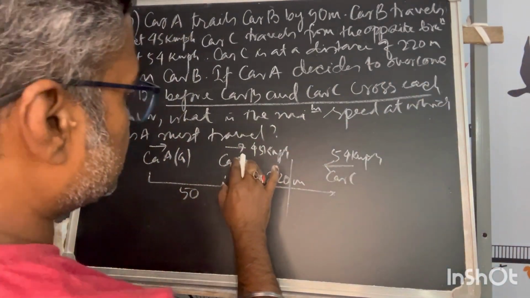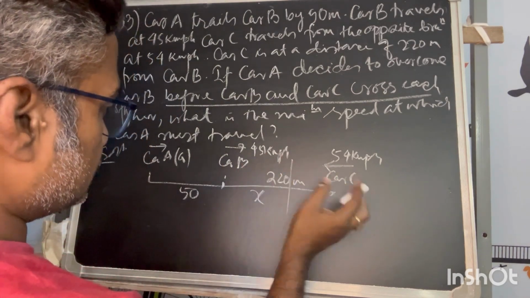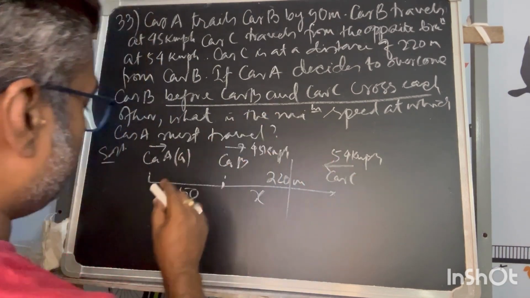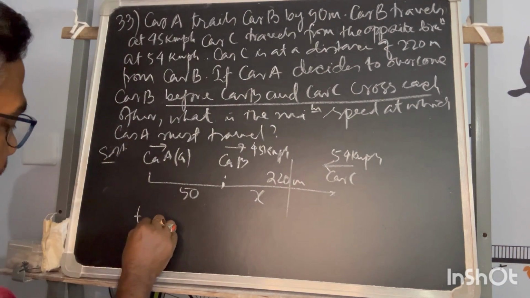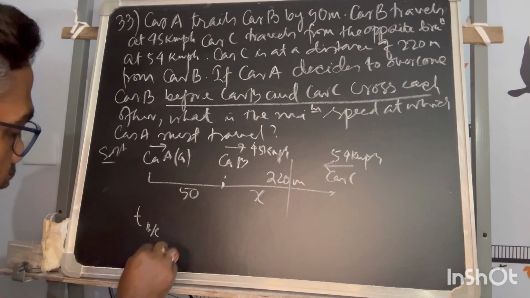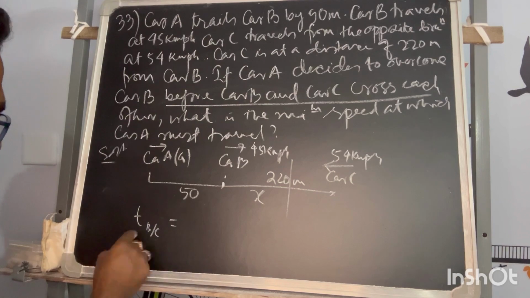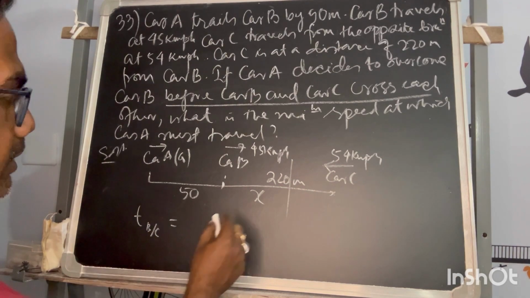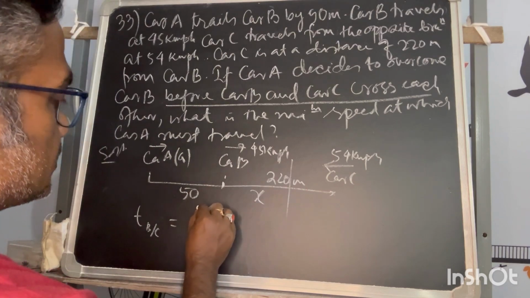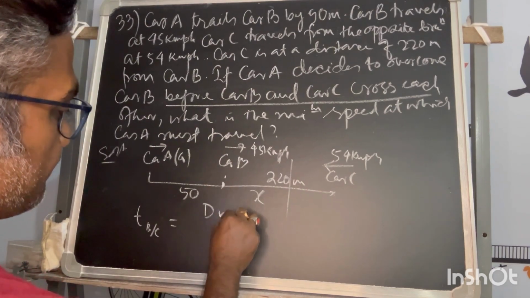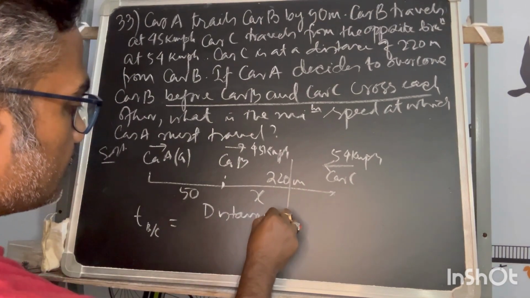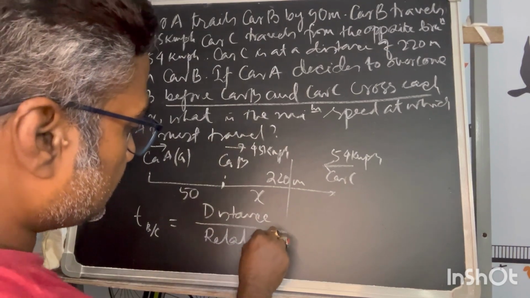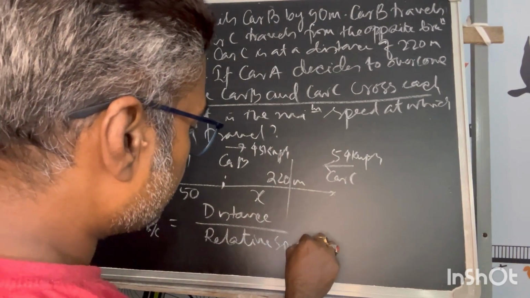So my first task is to find the time when car B and C meet. Time for B to meet C is distance upon the relative speed, isn't it?